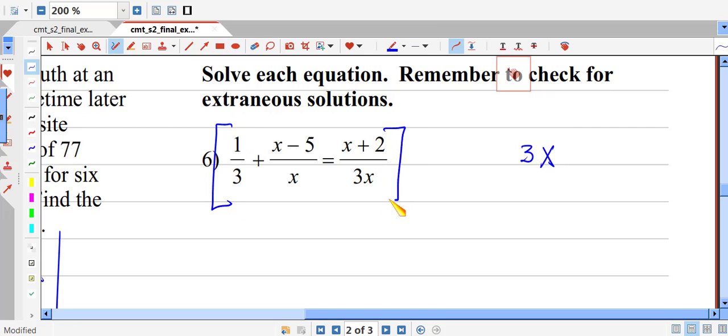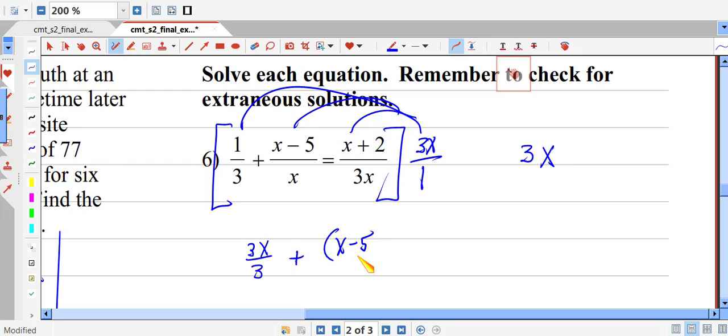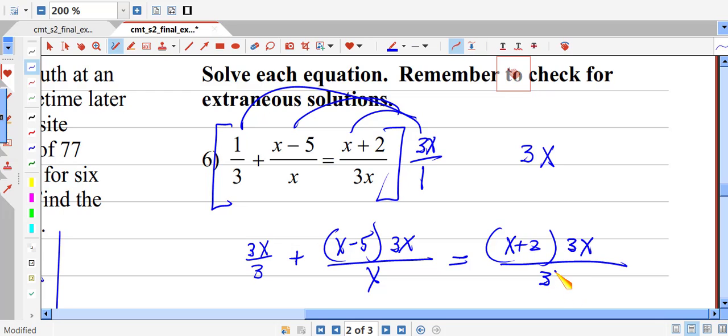So I'm going to multiply everything by 3x over 1, and I distribute. So I get 3x over 3 plus x minus 5 times 3x over x equals x plus 2 times 3x over 3x.